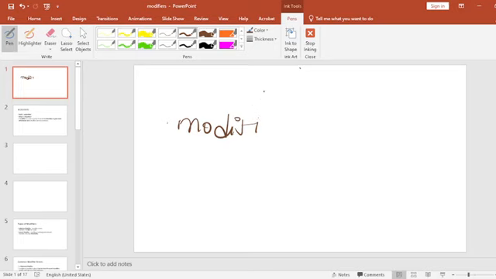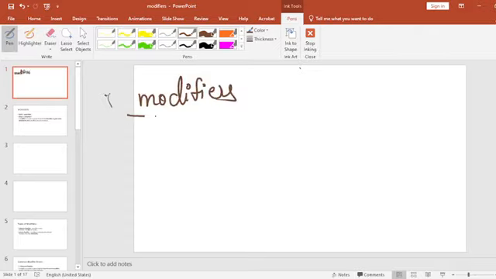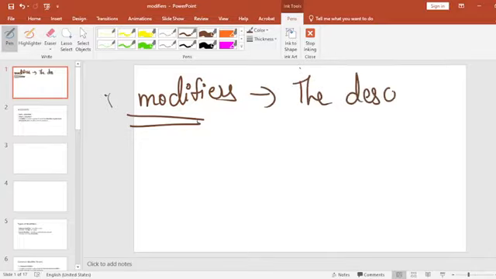Modifier. It is also called the describer. I'll tell you why it is called that, okay?